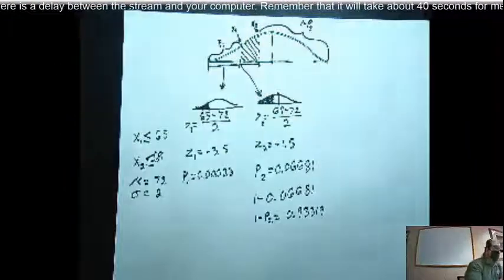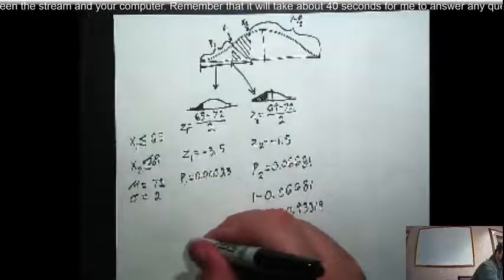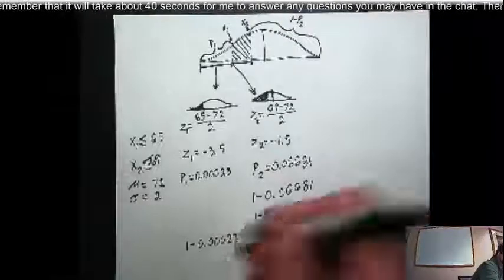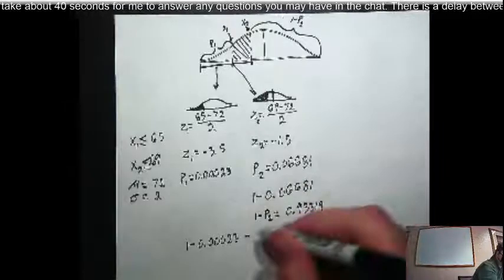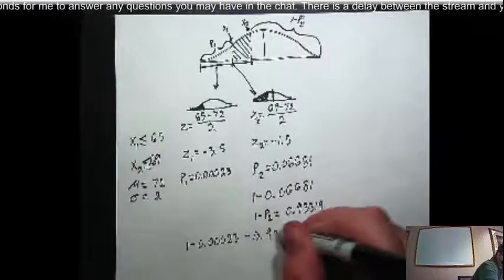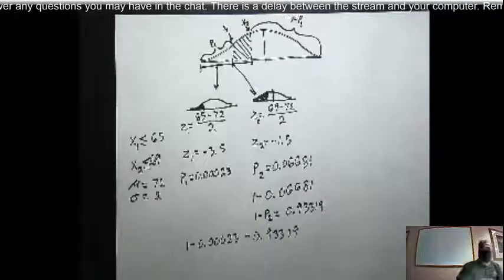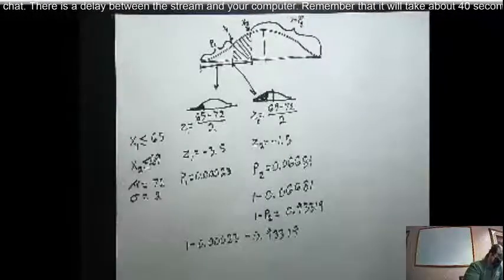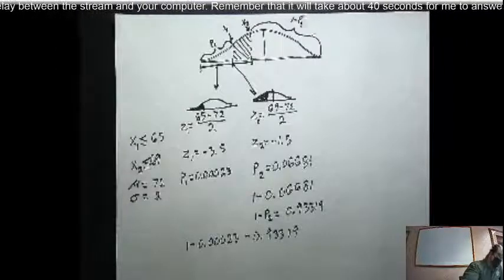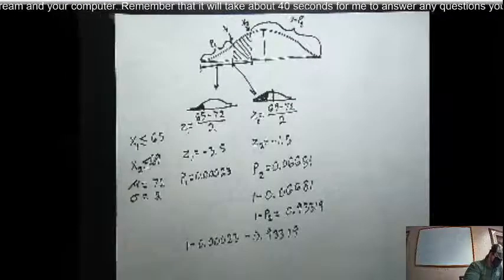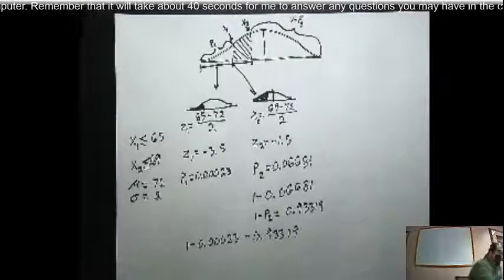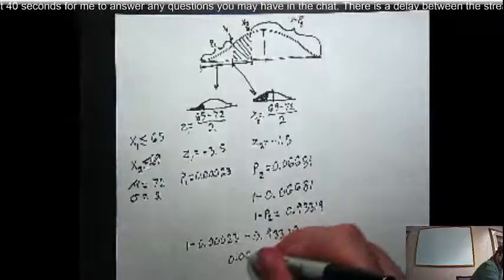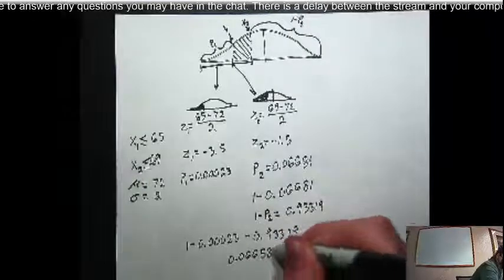Let's try that out. 1 minus 0.00023, and then minus 0.93319, gives us an overall for this one of 0.06658.